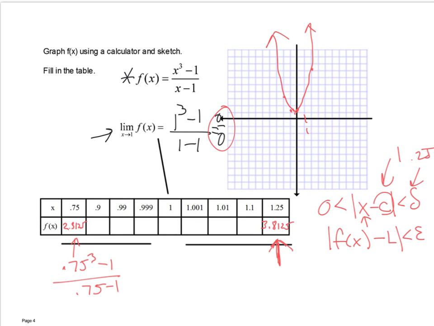So let's try doing something a little closer. Let's use 0.9, which is only 0.1 away from 1. So our delta now will be 0.1, a little better. Let's try x is 0.9 and see what our value is for the function, and let's do it on the other side too.